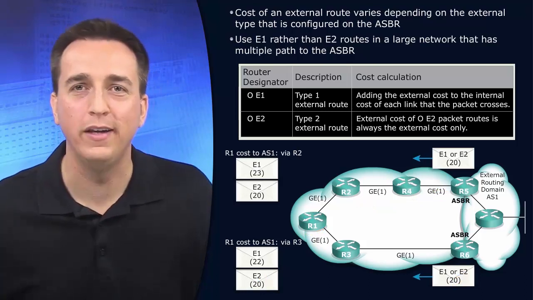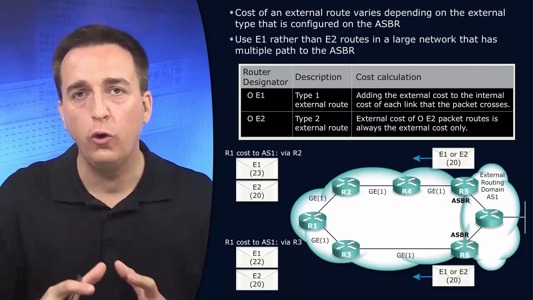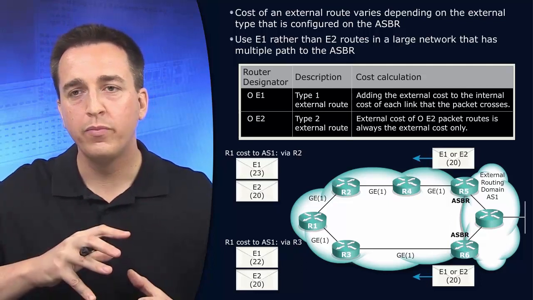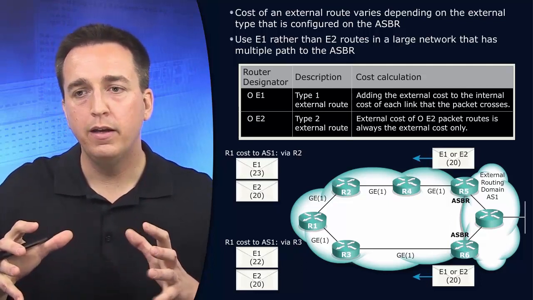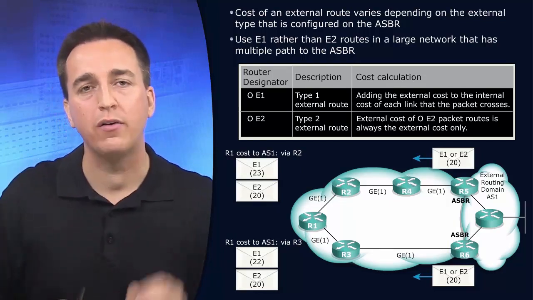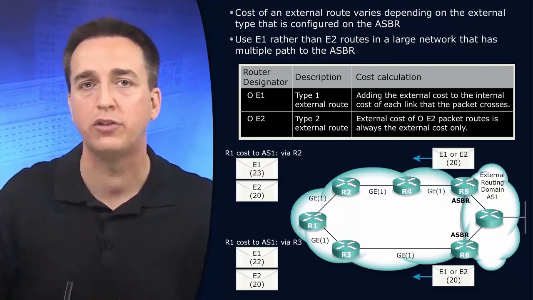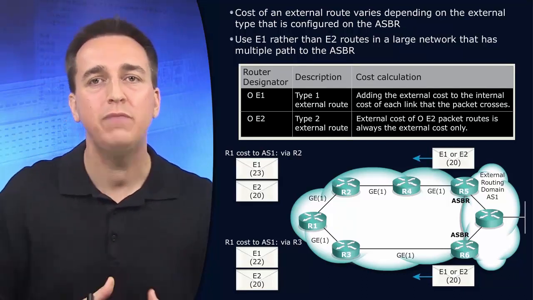So what about E1? E1 now gives you control over the end-to-end cost. From each and every single router, they get to make the best routing decision based on internal metrics and the external seed metric.